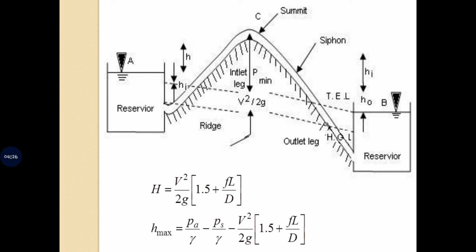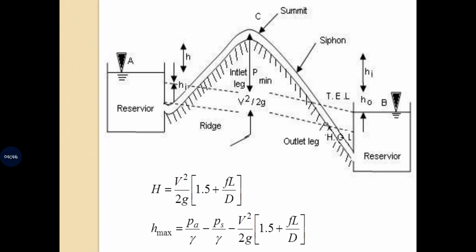The head loss between A and C is due to entry and friction. For entry it is 0.5 V square by 2g, and for friction it is fL V square by 2gD, and we substitute the values.